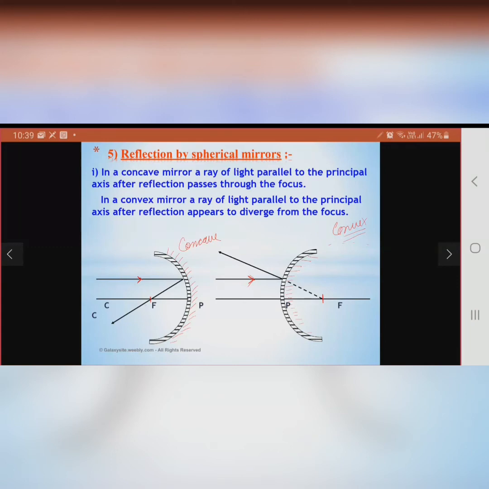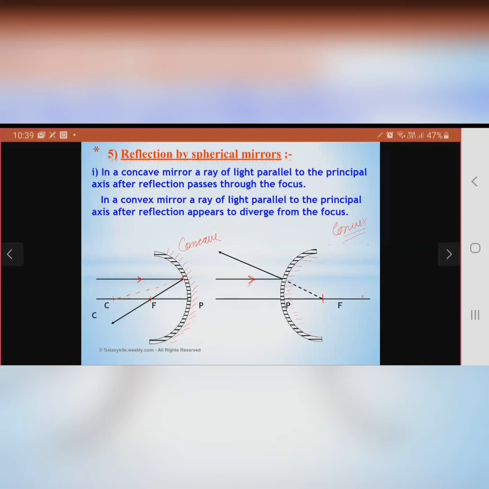If we see this rule, it is not random, okay? Basically, if we connect this point, whenever a line which is passing through center of curvature falls onto the mirror, it will make a 90-degree angle with the mirror.